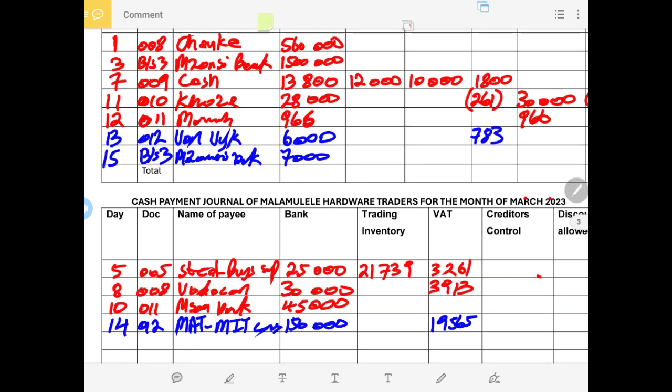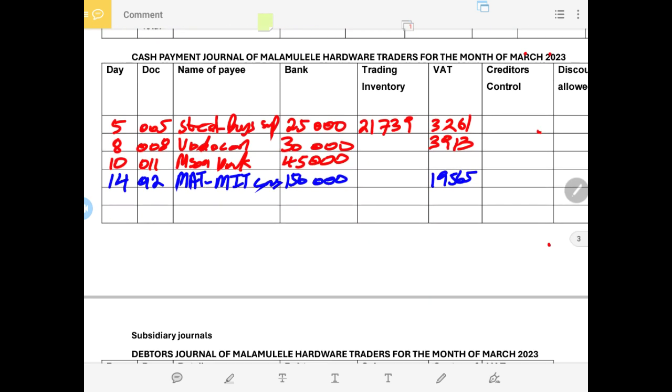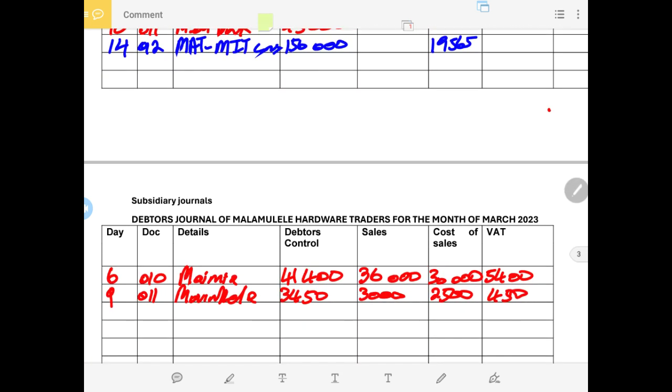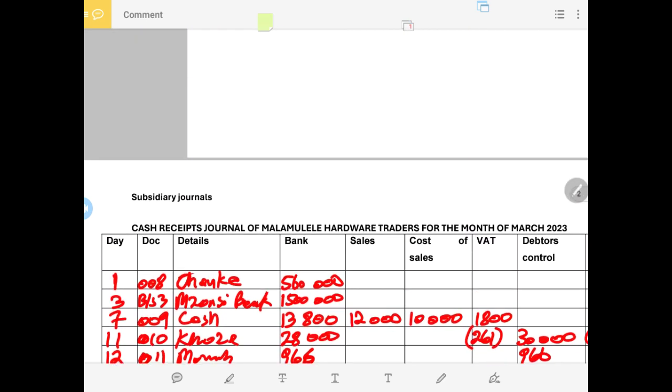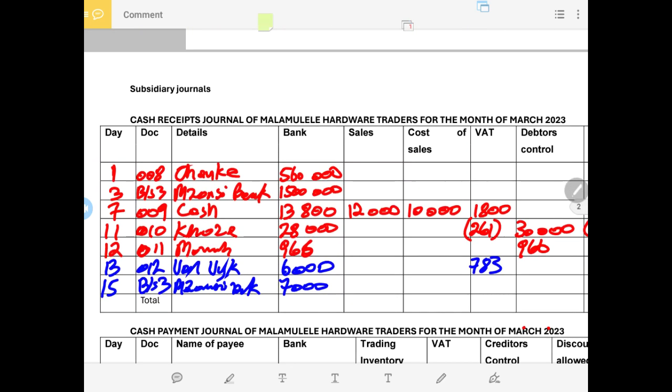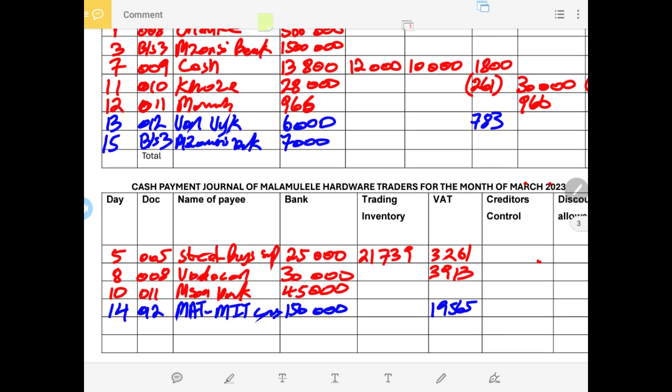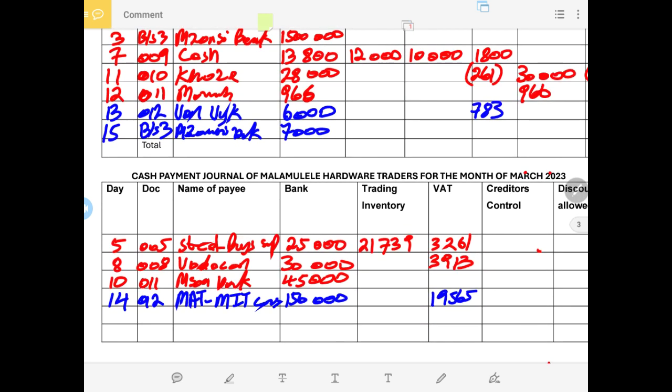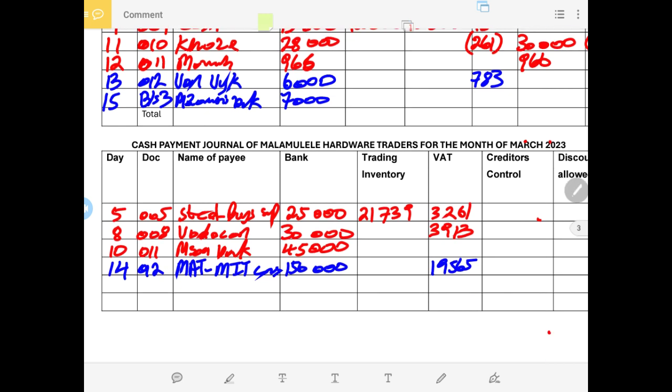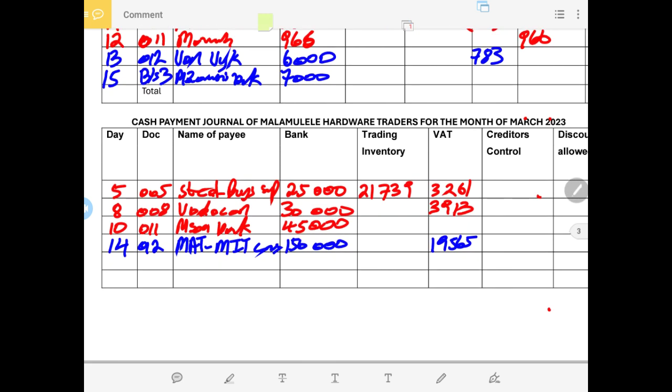Again, VAT is not affected when we pay our creditors unless we are given a settlement discount when making a payment. Similarly, VAT is not affected when we receive money from a customer unless it was a bad debt recovered or unless the customer was given a discount at the point of payment.